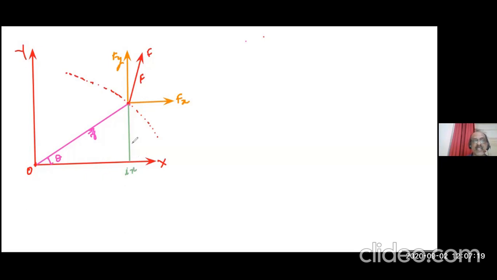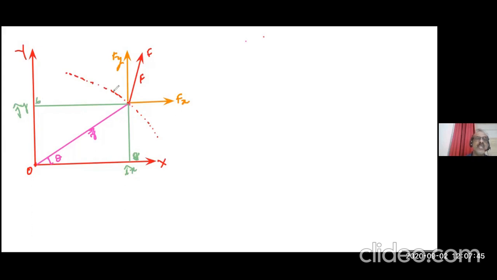This is i x. Now this side will be, don't mark it, just listen, j y. Agreed? So for example, this is 6 or 8. This is 6. For example, I'm writing.